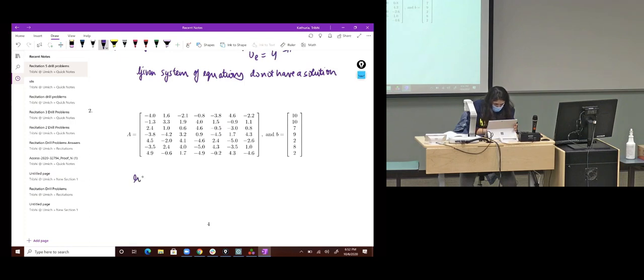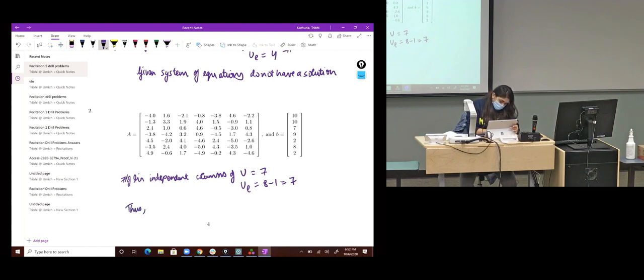Linearly, oh, my pen stopped working. Okay, the number of linearly independent columns of U were 7 and of UE were 8 minus 1 equals 7, right?